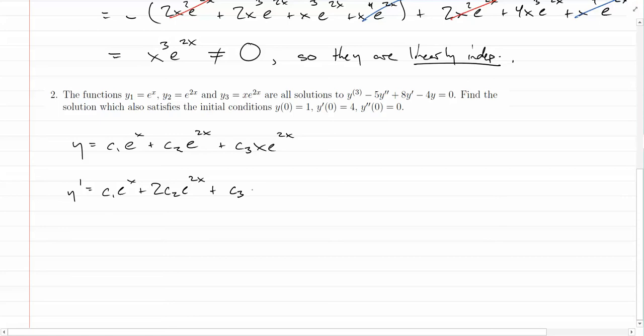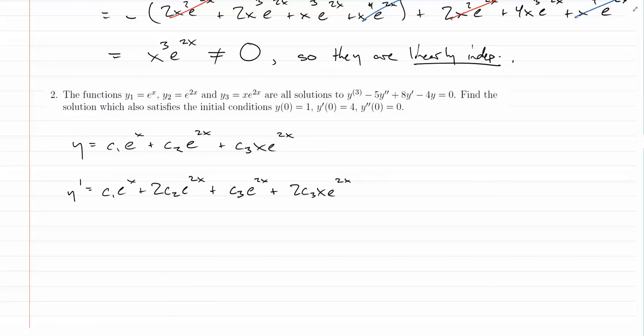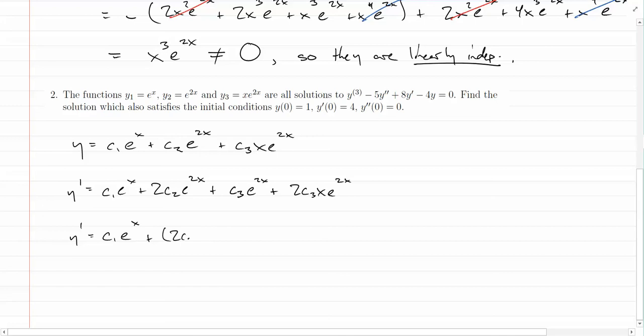It would be c3 e to the 2x plus 2c3x e to the 2x. So it may be worth rewriting that, because those two middle terms are like terms.